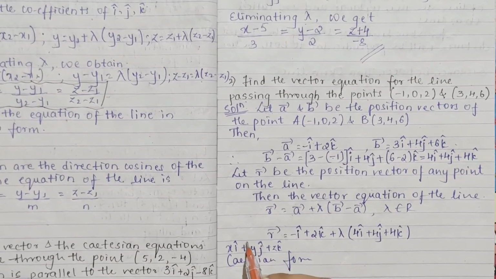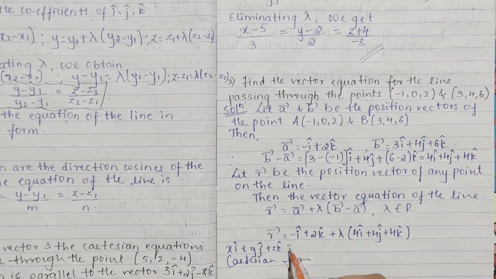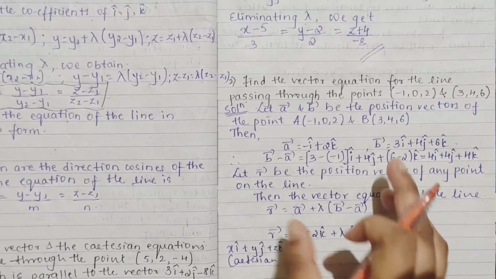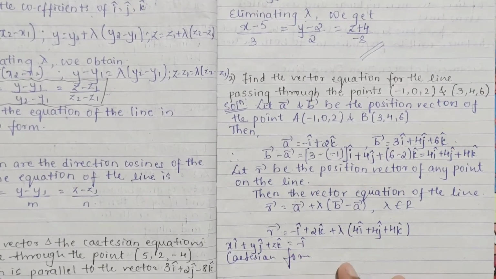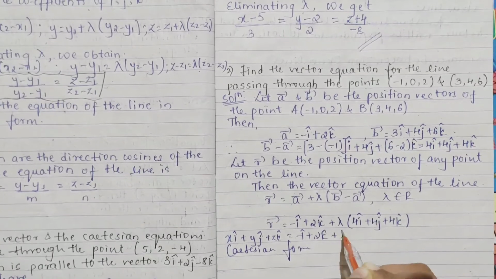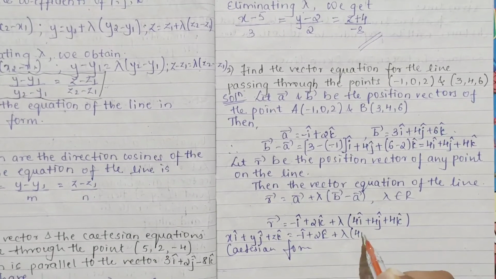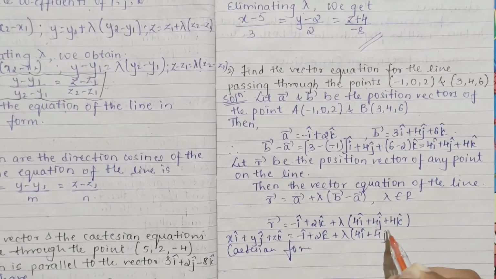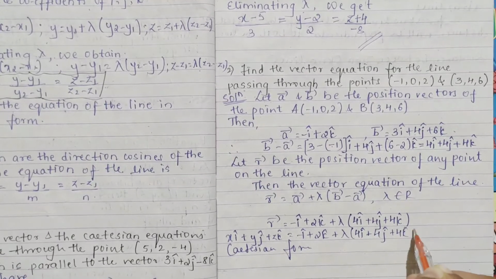To write this you have to write the sentence 'let r be the position vector of any point'. Now I'm just showing here, they have not asked for the Cartesian, but I'm just showing. If Cartesian, how it will be: lambda of 4 i cap plus 4 j cap plus 4 k cap.